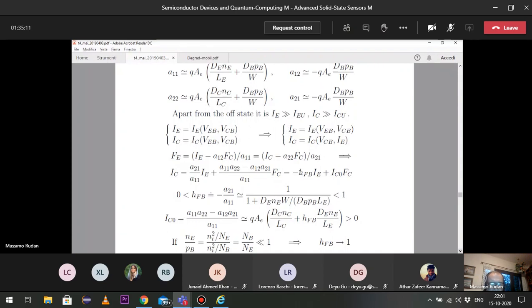This is a steady state analysis, so it is a current gain in steady state when the transistor is in the common base configuration. So the second index, B, reminds you that we are in the common base configuration.